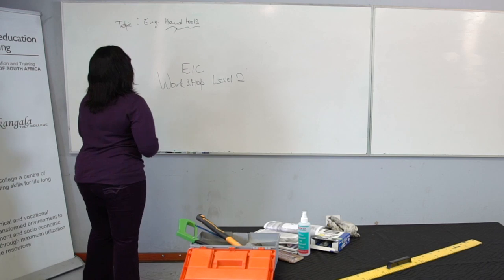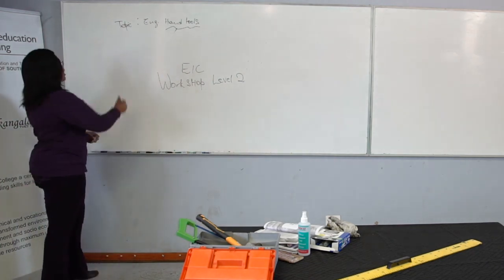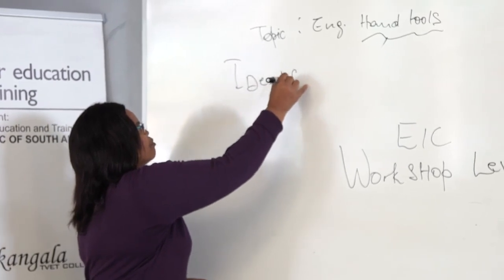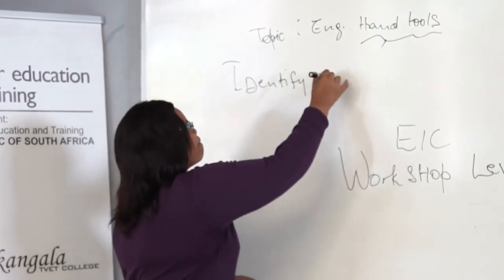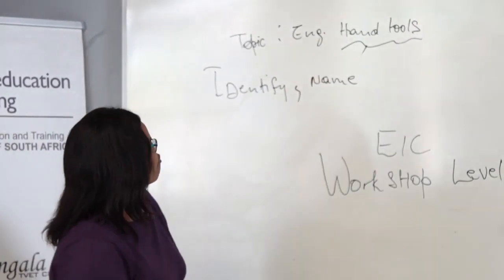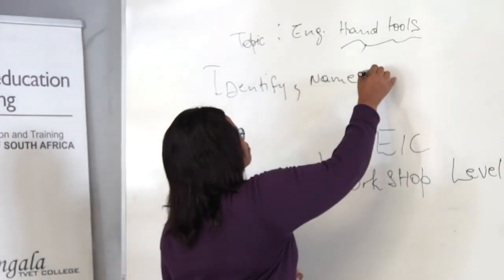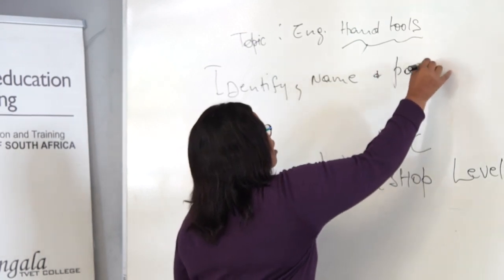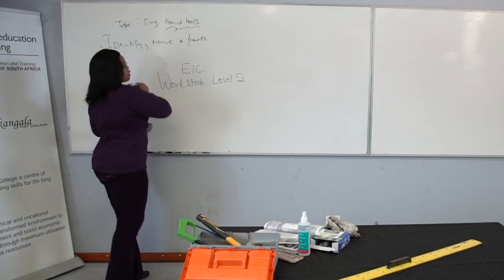Learning outcome number 1 says, identify, name, and the function of the parts. That is the learning outcome number 1.